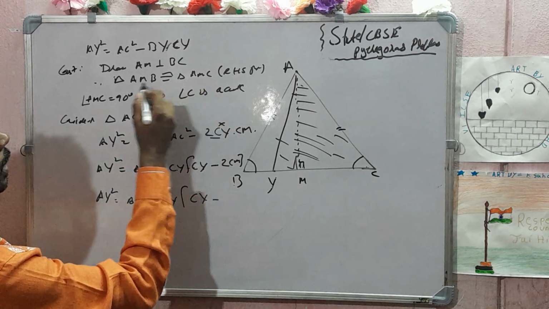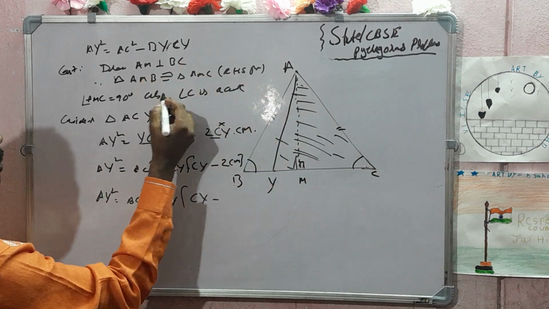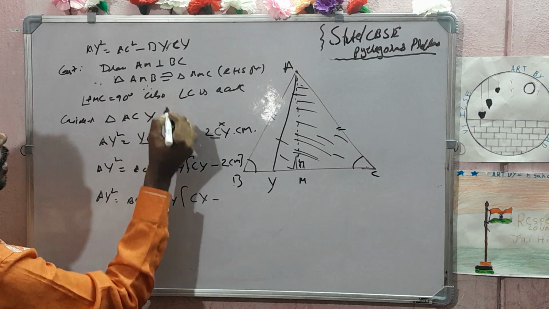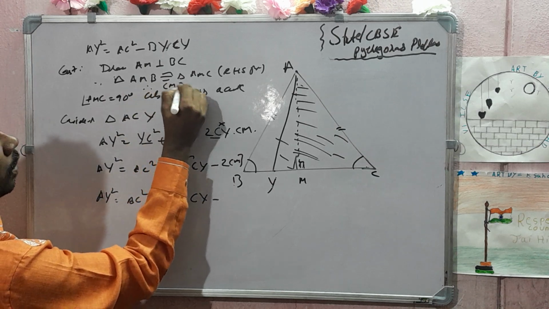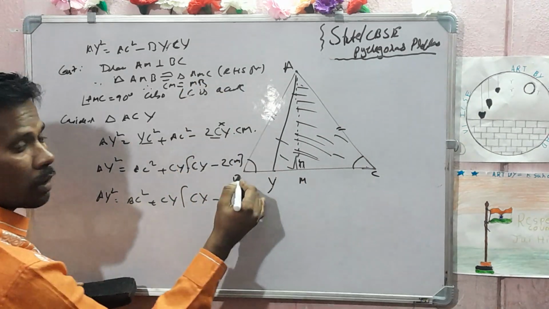We have proved earlier that these two triangles are congruent. Therefore, you can write here, CM is equal to MB. CM length is nothing but MB length.